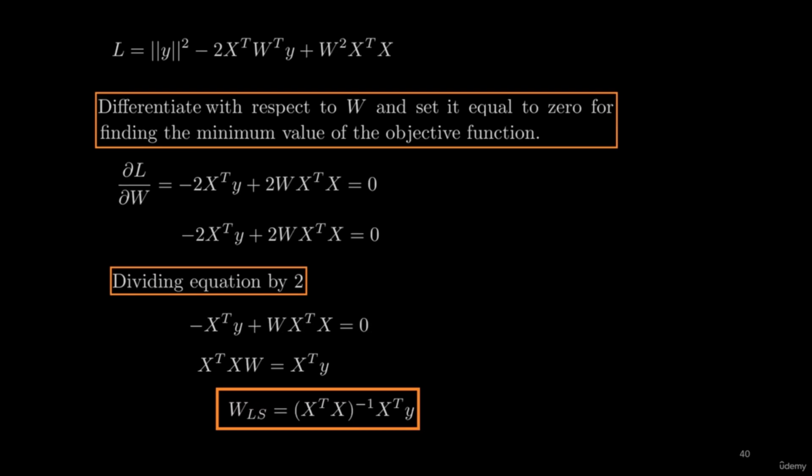So everything about the performance of a regression model depends upon the value of the weight. If the model is not performing well, it means we need to adjust the value of its weight and bias, or we need to find the new or optimal value of the weights and the bias of the regression model. So we have found the optimal value of the weights and bias of the regression model using this least square method.